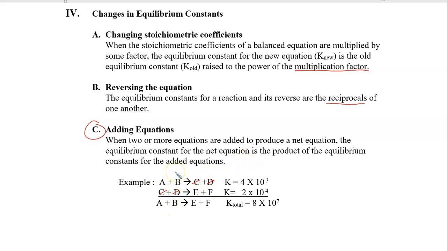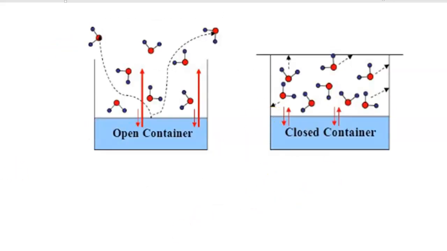So if you have a reaction where it goes in more than one step, to find the overall K, for instance, if I knew the K of the first step was 4 times 10 to the 3rd, and the K of the second step was 2 times 10 to the 4th, all I got to do is multiply those two together. And you get 8 times 10 to the 7th, and it's as simple as that. So hopefully this makes sense, and if not, please come see me.